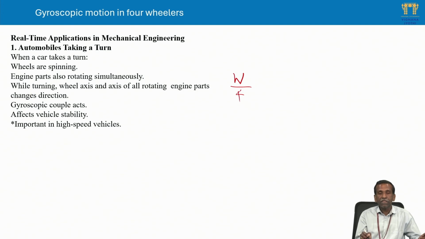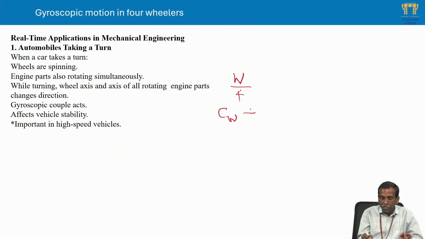The second one is this: if the automobile is taking a turn, the rotating engine parts along with the axis are given precession. So the wheels are spinning, and so are the rotating engine parts. The effect of the wheels, that is the couple due to the spin axis of the wheels, let me represent as CW.